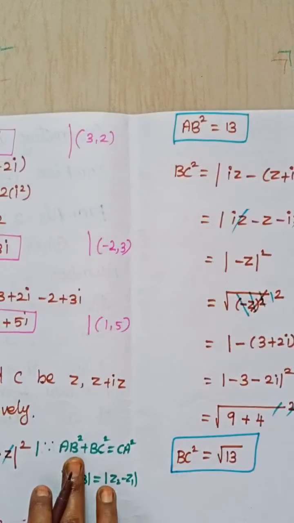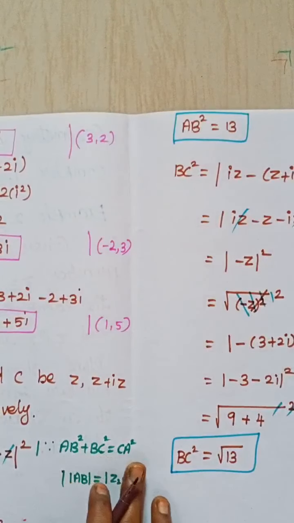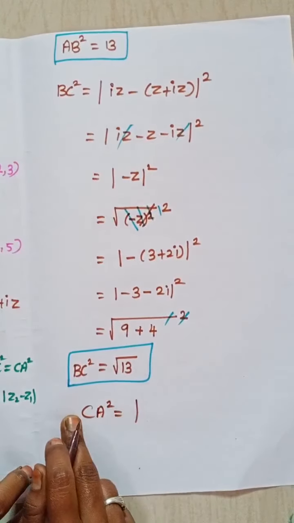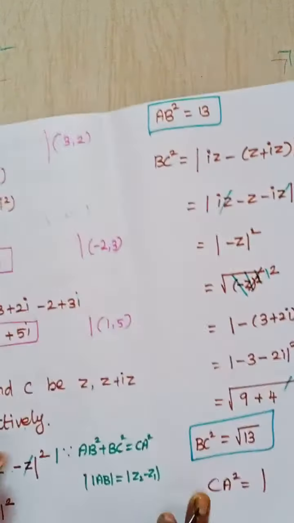Next, AB square is found, BC square is found, then find CA square. That is CA square is equal to modulus of A minus C. Here vertex A is z and C is iz.